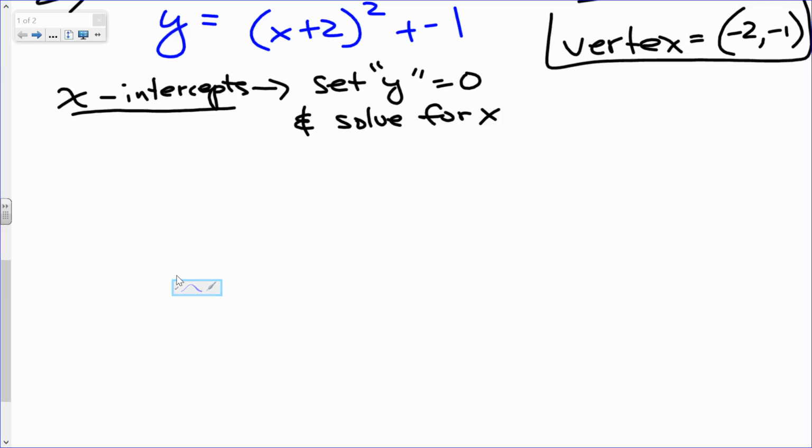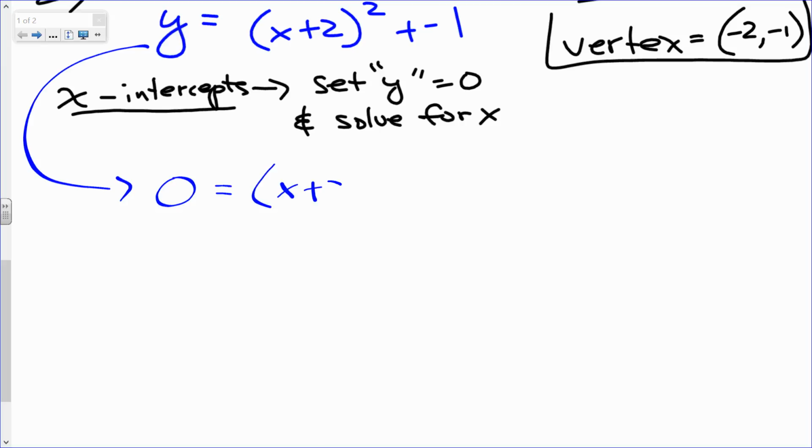All right. So notice I'm going to set y equal to 0. Instead of y, I put 0 equals x plus 2 squared plus a negative 1. So let's get x alone now.